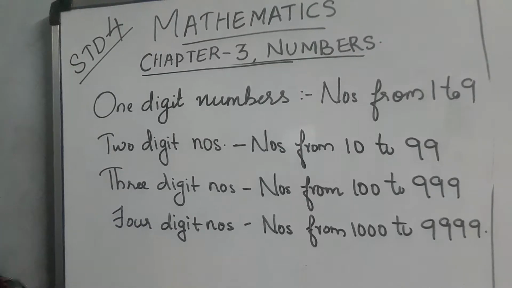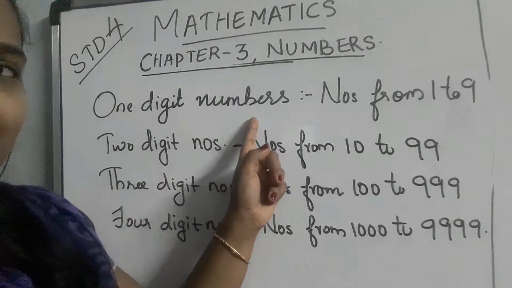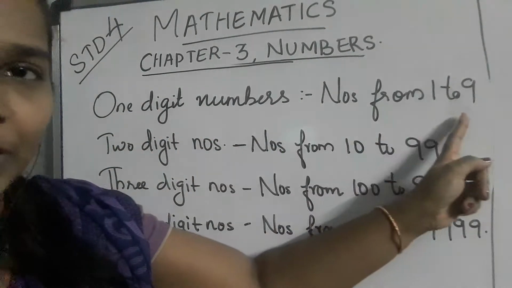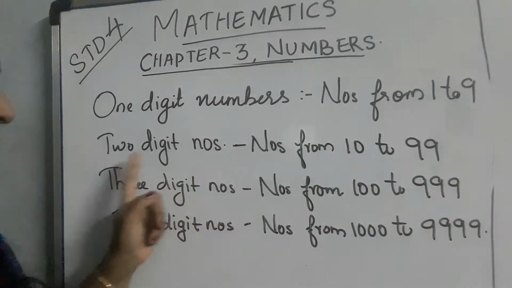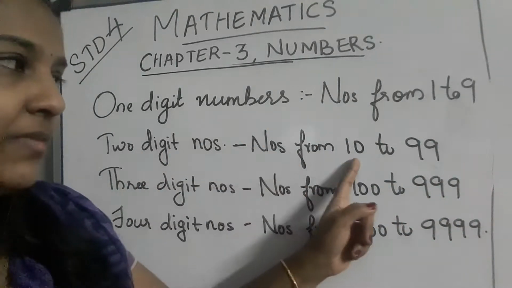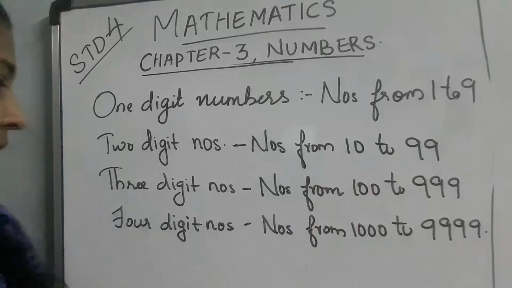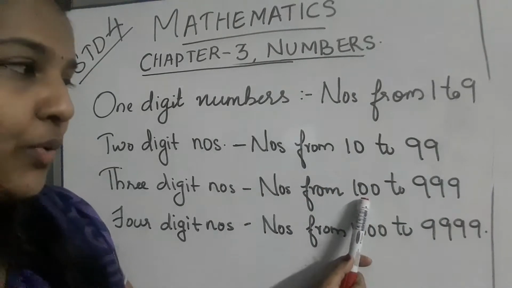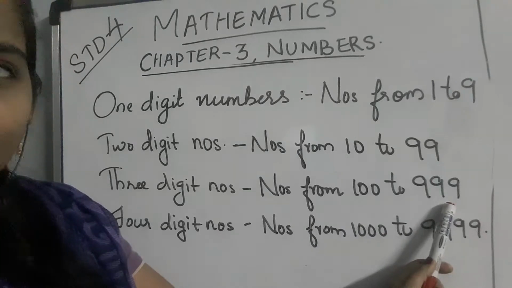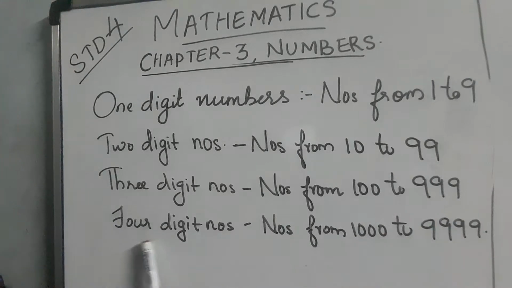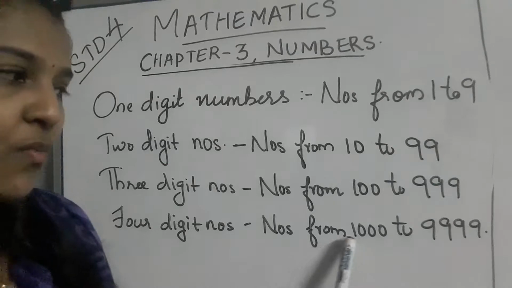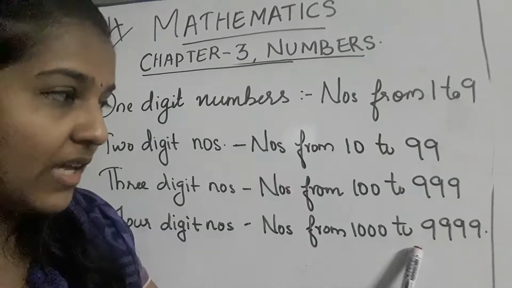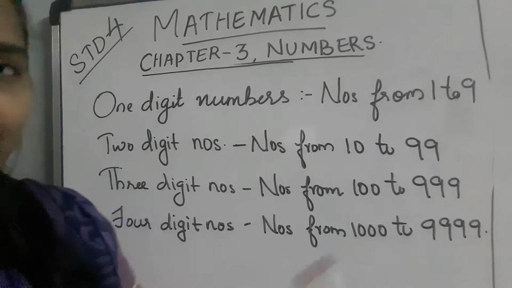So children, look here. One digit numbers are the numbers from 1 to 9, and two digit numbers from 10 to 99, and three digit numbers from 100 to 999, then four digit numbers from 1000 to 9999.